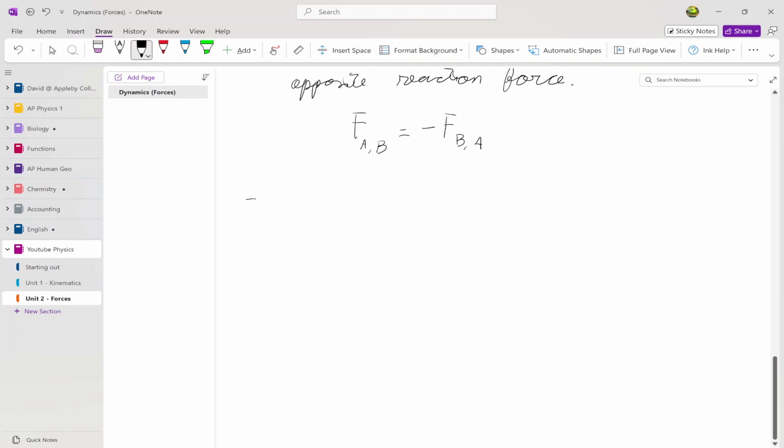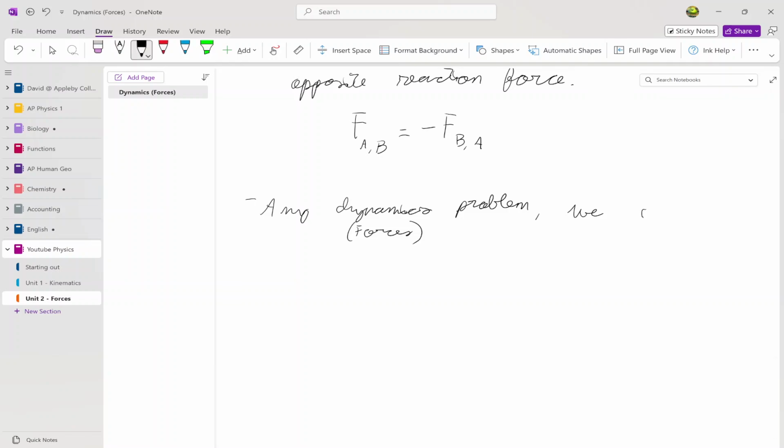So the statement is that any dynamics problem, this just refers to forces, right? We will draw a diagram.